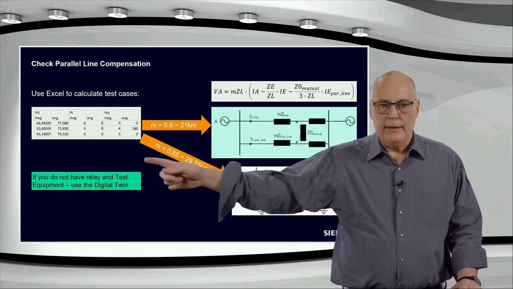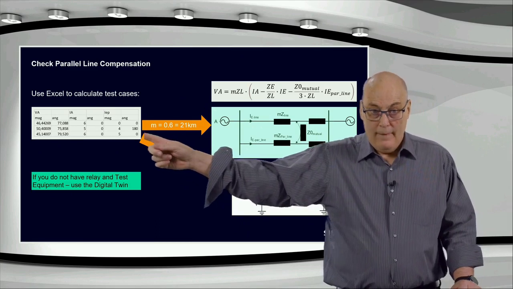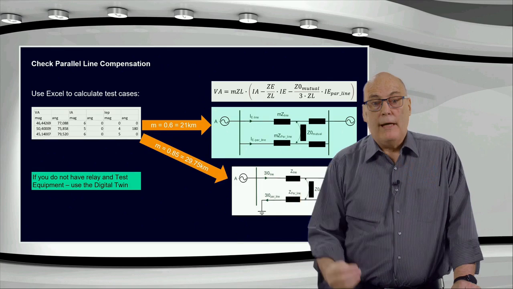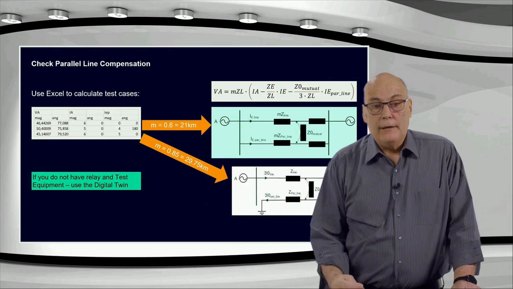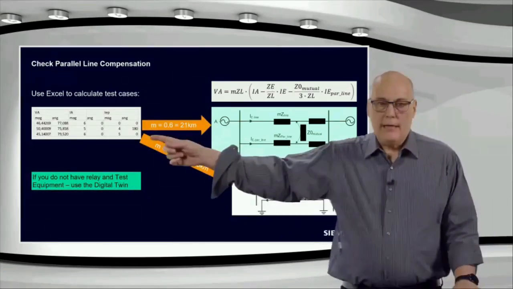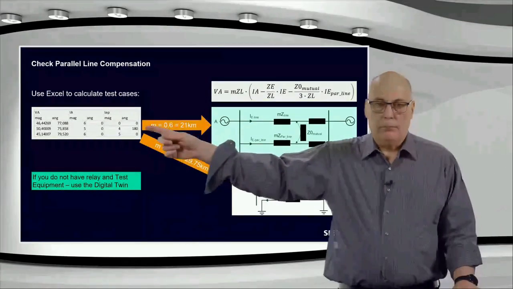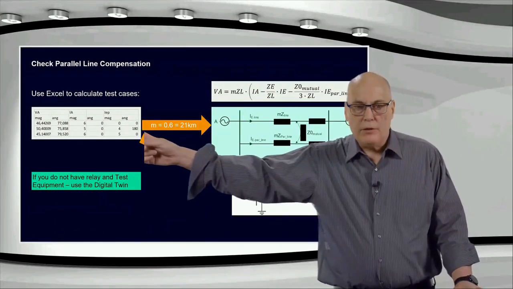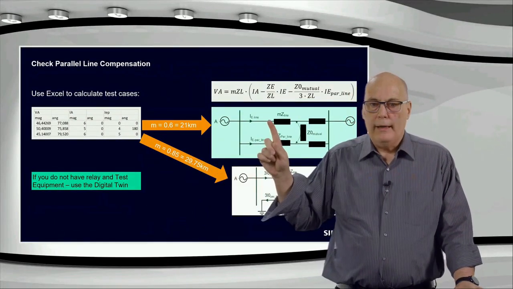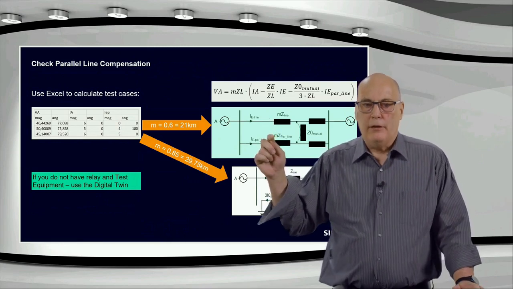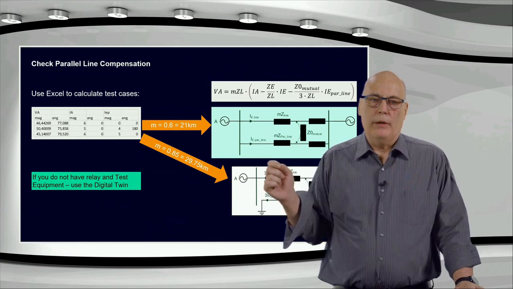And then for the second test case, I now inject the current IE in the parallel line, 4 amps at 180 degrees. What case is that? That is this case over here, where the IE and the IEP are in the same direction. For the second test case, remember, because I'm injecting 5 amps, as you can see, into IA at 0 degrees, that means the IE on the protected line is 5 amps at 180 degrees, or minus 5 amps coming back the other way.